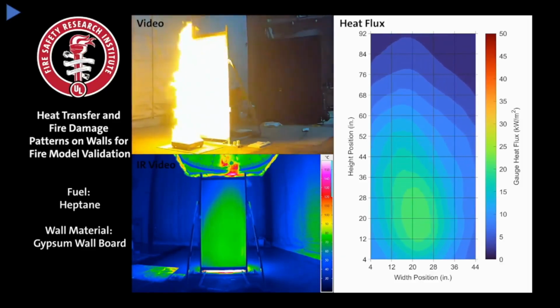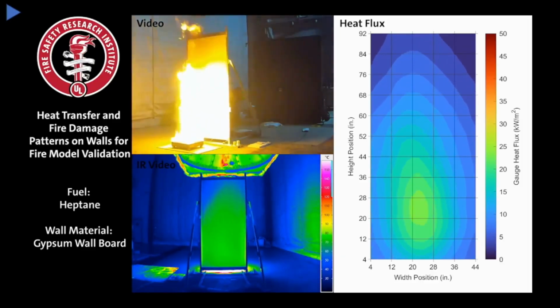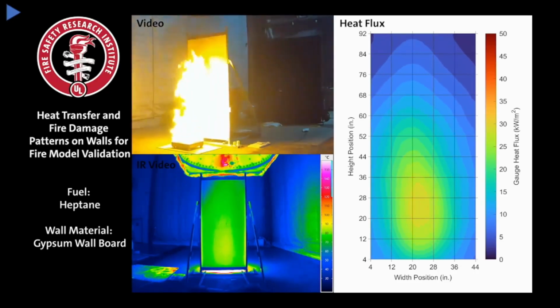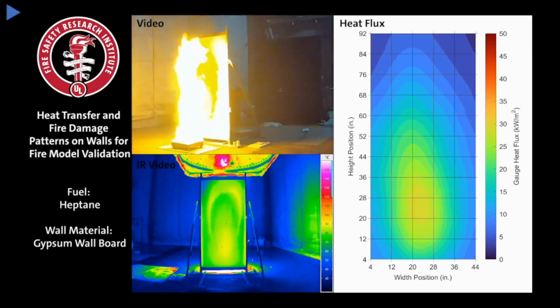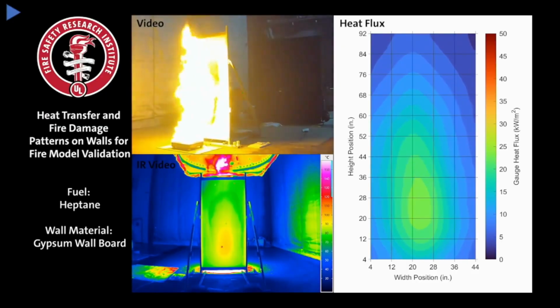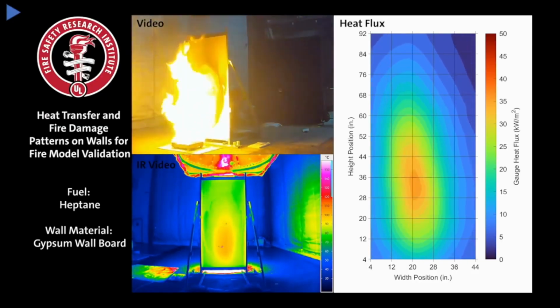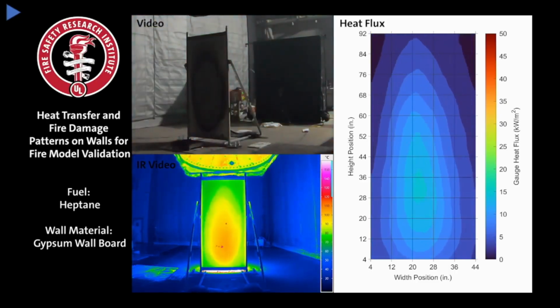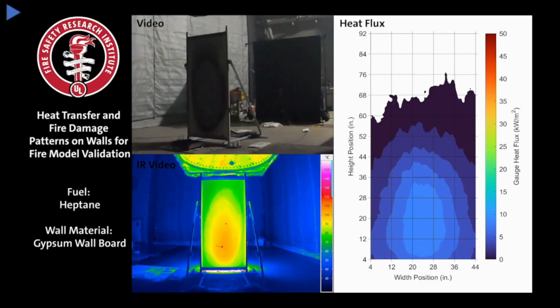But you can also see, as the paper on the drywall ignites in the infrared image, a ring of heat spread out from that origin, and that is the paper catching fire and heat transferring through the back of the wall. Again, that is an infrared measurement on the back side of the wall. So it's a really powerful method that lets us characterize heat flux over the entire surface.